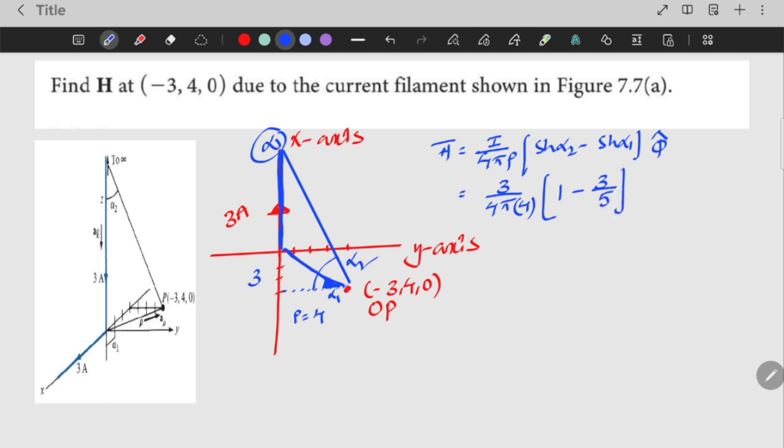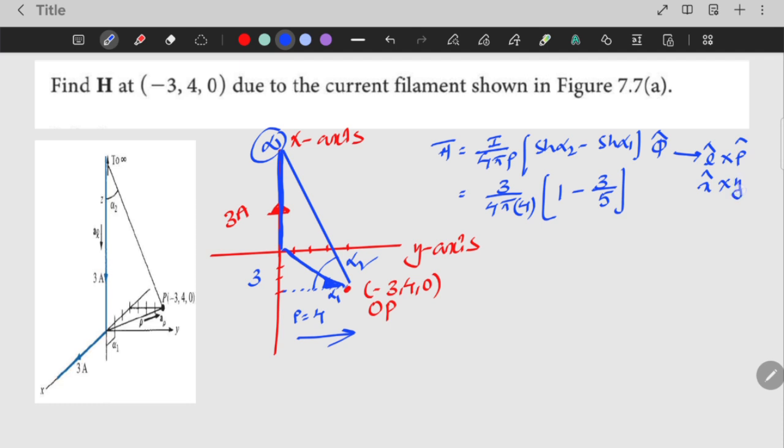Now the phi cap. How to calculate phi cap? It is L cap cross rho cap. L cap is in the direction of the current, that is x cap, and rho cap we have to take outwards. Outwards means perpendicular, towards the positive y-axis in this particular direction, from the axis of the conductor going away.